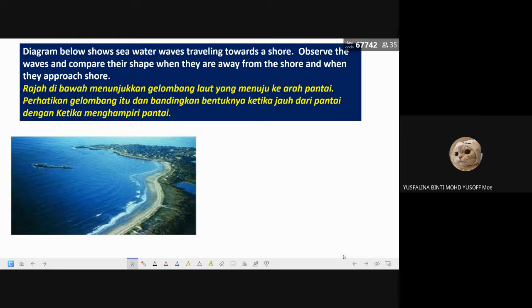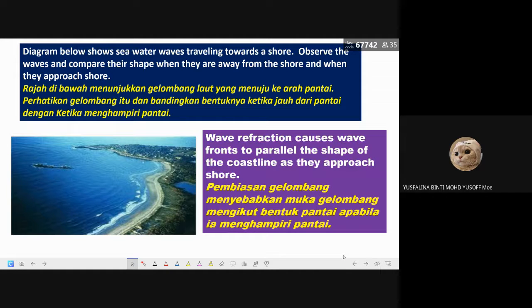When we approach the beach, the depth decreases, so the water wave follows the shape of the beach here. The refraction causes the wavefronts to become parallel to the shape of the coastline as they approach the shore.